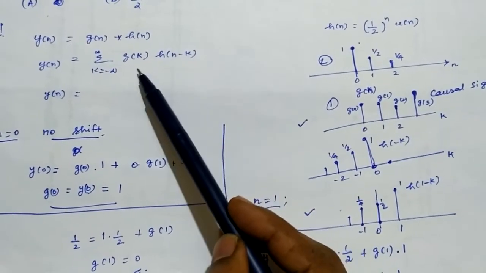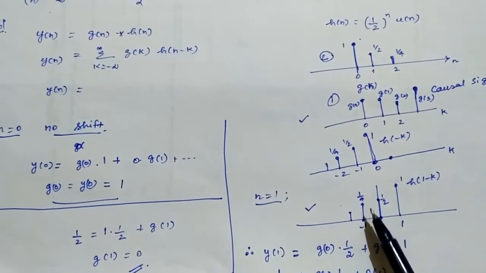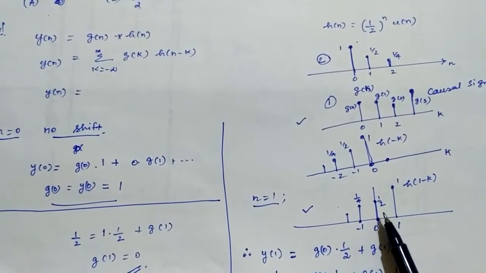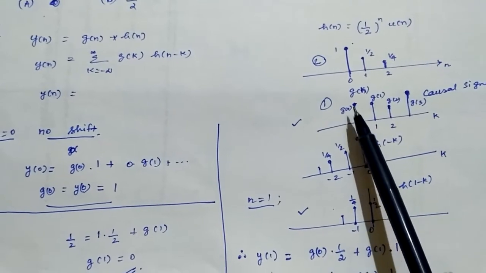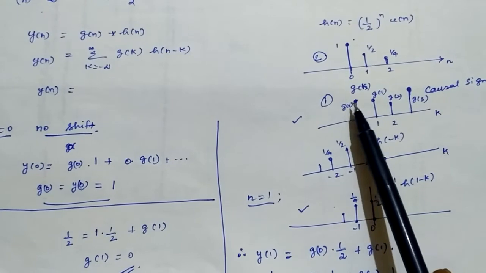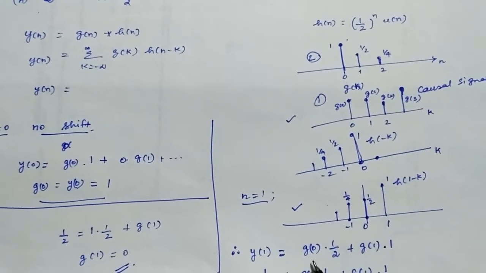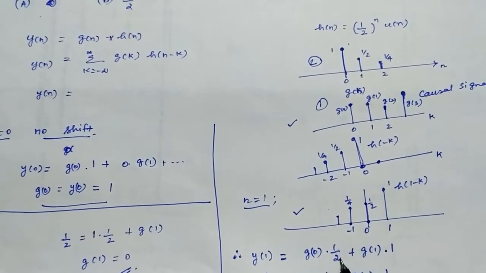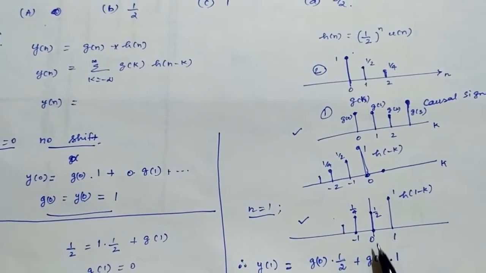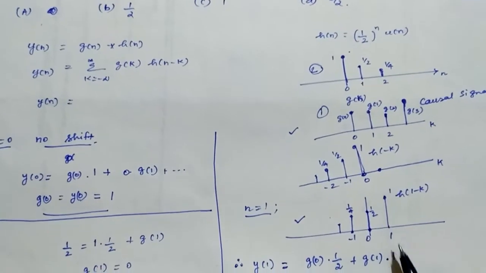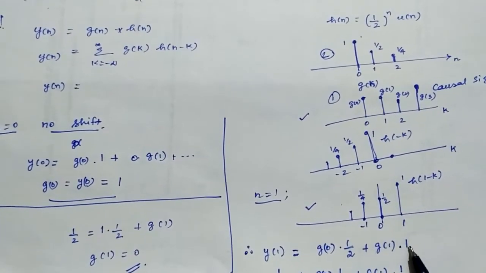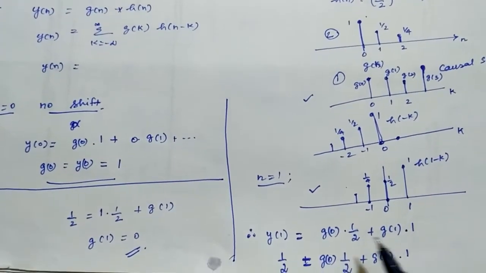So g of 0 is multiplied by the function value at n equal to 0, which is 1 by 2, so g of 0 times 1 by 2. At n equal to 1 the function value is g of 1, which is 1. After that the function value is 0, so there is no meaning in multiplying.